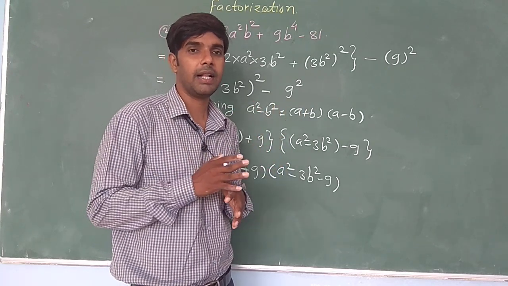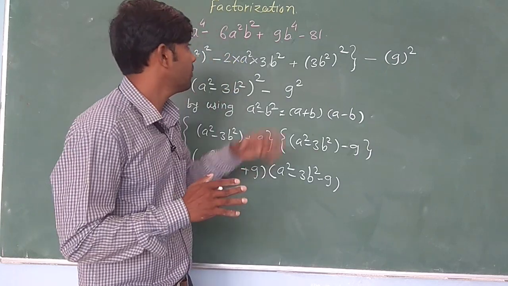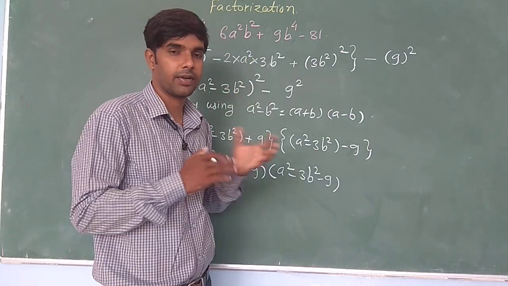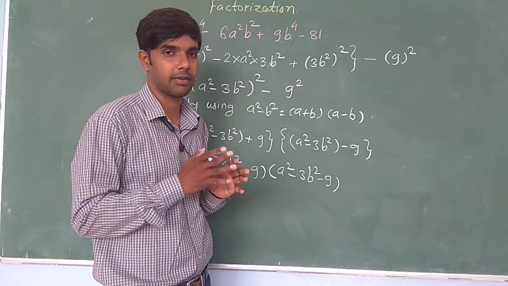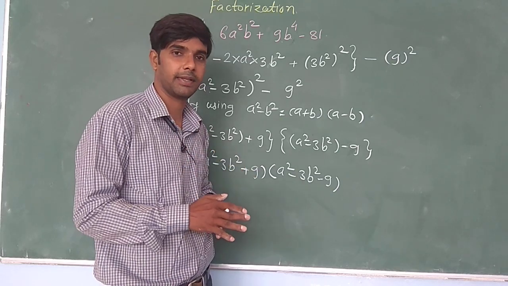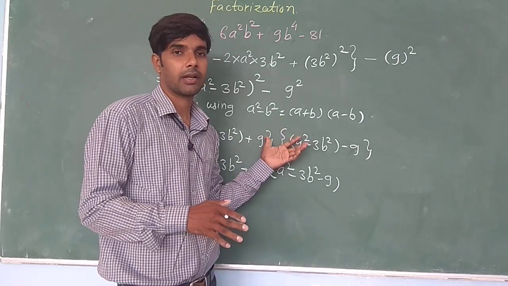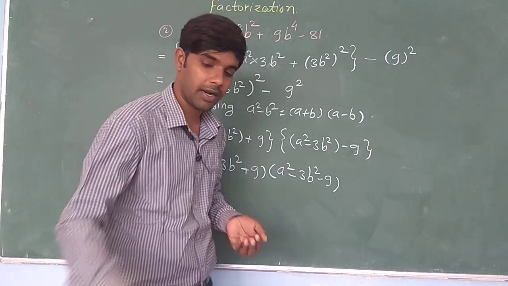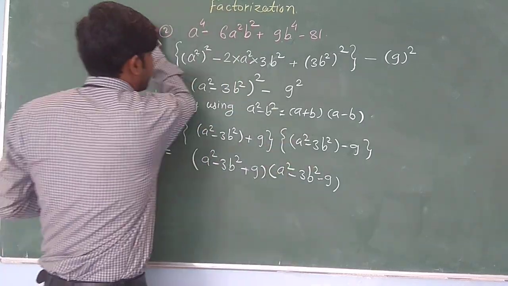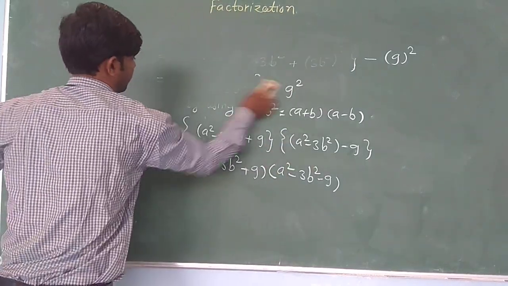In some examples you must use two identities, first or second, and the last identity a square minus b square. It depends on the question. So pause the video and write down the solution. We will see the next example.